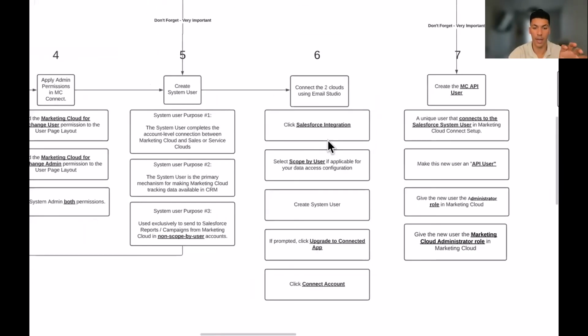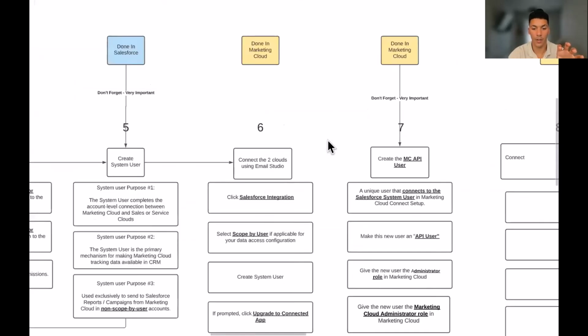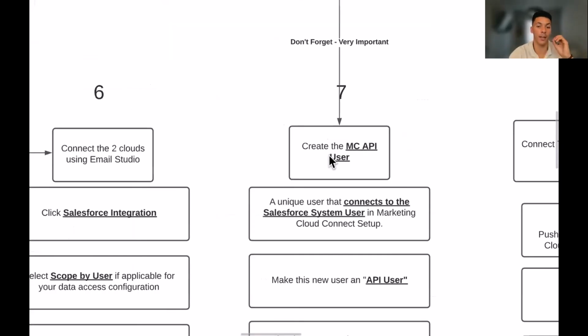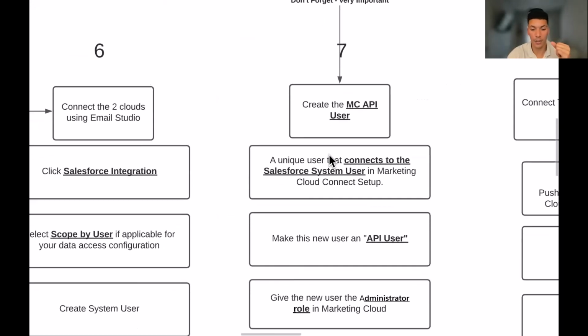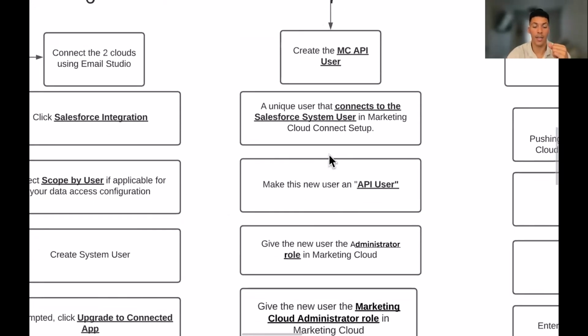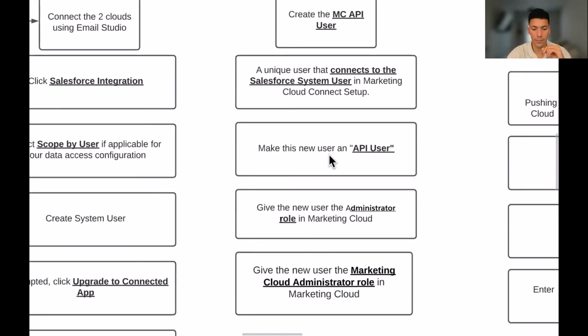Once that process is complete, you're going to create the Marketing Cloud Connect API user, which is, remember, the second super valuable user: the Marketing Cloud Connect API user and the Salesforce system user. You're going to create the Marketing Cloud API user, and you're going to say that that user connects to your Sales Cloud system user.